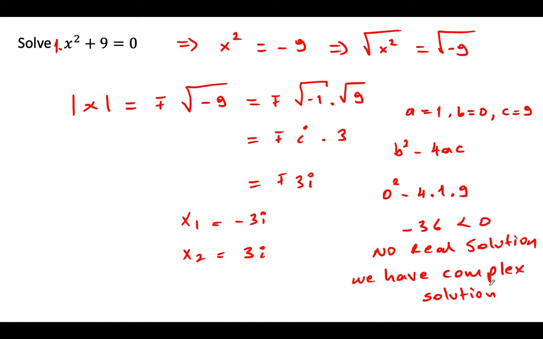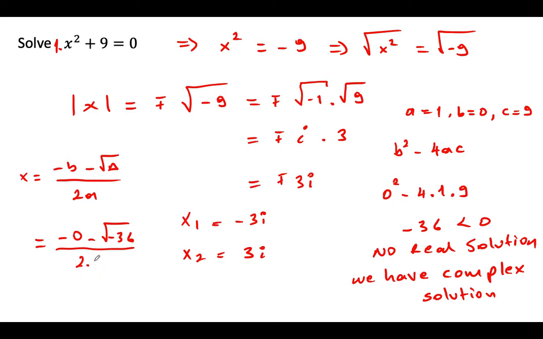In order to find the complex solutions, first x is equal to -b minus root delta over 2a. Since b is 0, it will be -0, minus root delta, which is the discriminant, over 2 times 1. -0 means 0, so no need to write it. It will be negative root -1 times root 36 divided by 2. Root -1 is i, so it will be -i times root 36, which is 6, divided by 2.